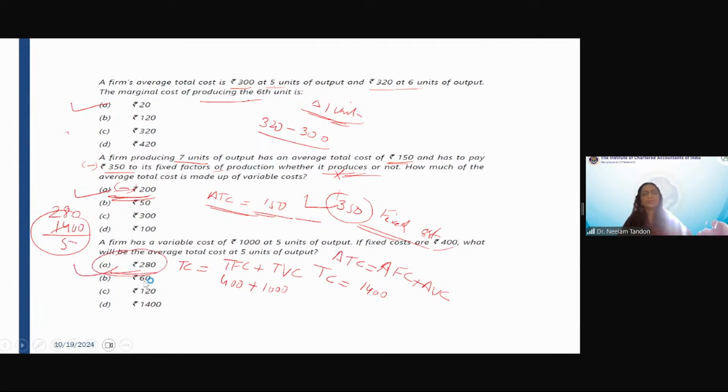That will be the answer for the average total cost. Okay. $280. Good, Pranav. Good. So this is about 280. Okay, so I hope you understand.